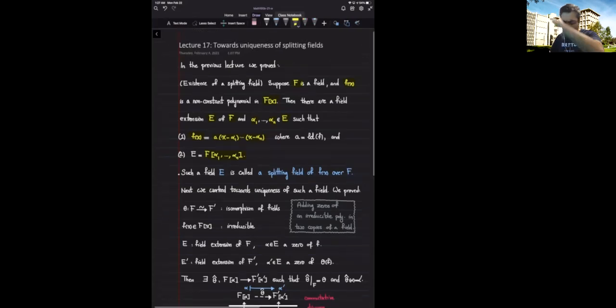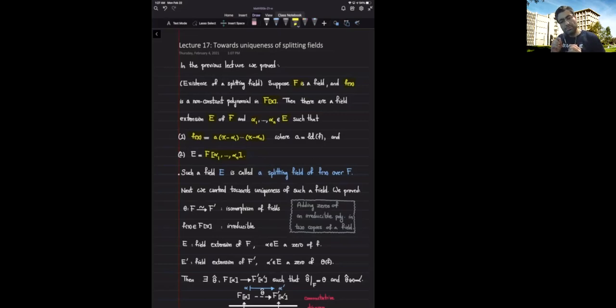If you remember, the way that we proved existence of such a field extension was first by considering an irreducible polynomial and showing that we can always find some field extension that contains a single zero of this polynomial. And then we proceeded by a strong induction in order to add other zeros of a given polynomial to the original field.